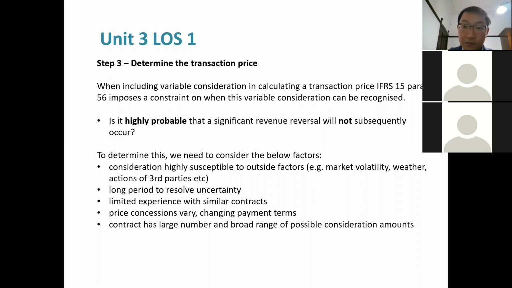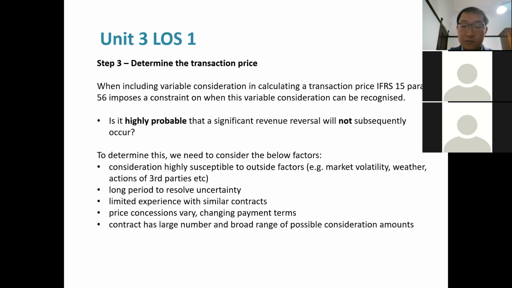And so some examples of factors that can contribute towards a revenue reversal occurring are, for example, highly susceptible outside factors like market volatility. Think about the coronavirus, think about the uncertainty there. There could be a time component, which is that you need a long period of time to resolve your uncertainties. There could be limited experience with similar contracts.